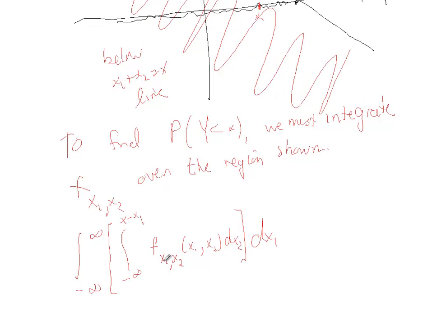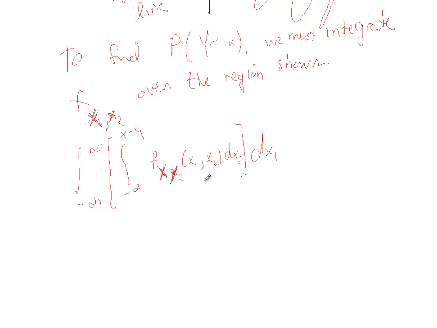Let me clean this up a little bit. Remember that these are big X's because these are the random variables. These are small x's. These are big X's here. All right? So I'm doing this integral.